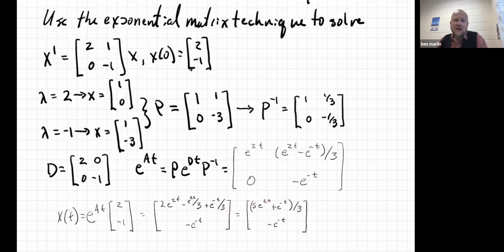Not super hard, but I have to be honest with you, I suppressed all the hard part, right? Finding the eigenvalues wasn't super hard. You were solving a quadratic, and so long as the eigenvalues are nice, you can just turn to Colab and let it do that for you. The eigenvectors were a little bit harder. I would suggest doing that by hand, but if you're working it out using a computer, it can work.